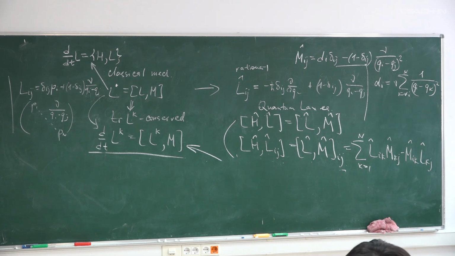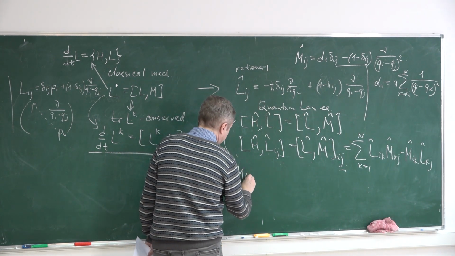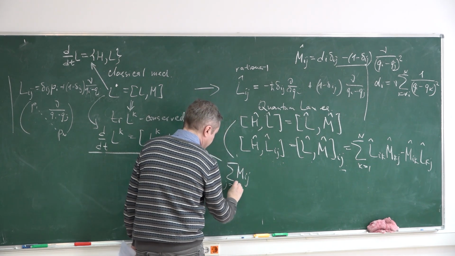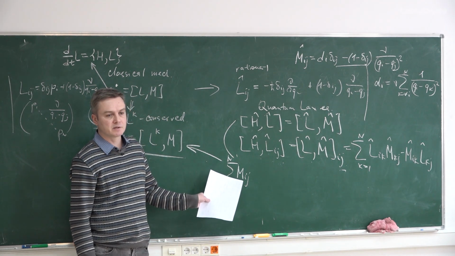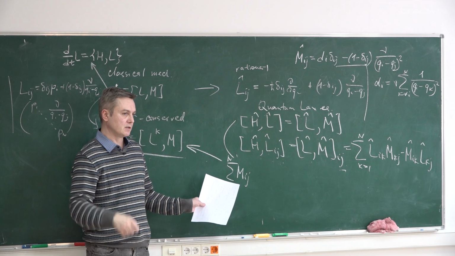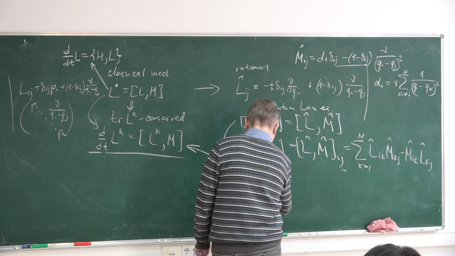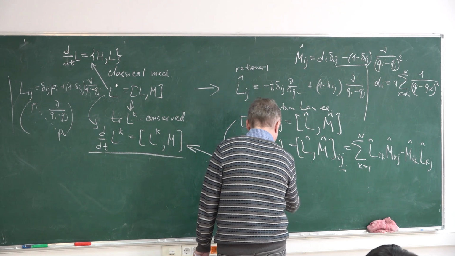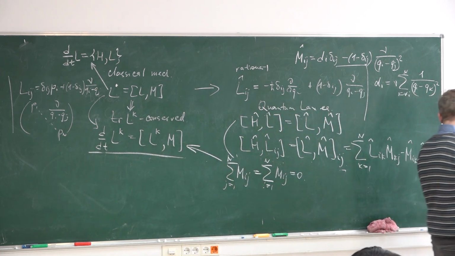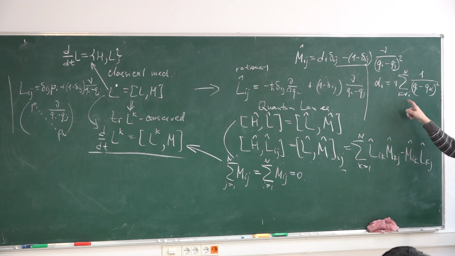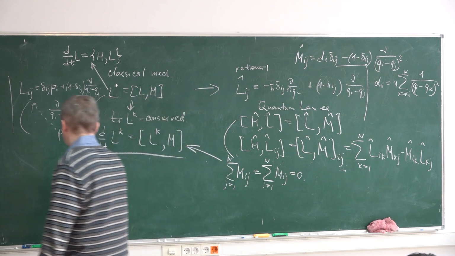In this concrete case, we have an additional property: if you compute the sum of elements in the M matrix along the row or along the column, then it is equal to 0. How does it happen? For example, let me write this M matrix.